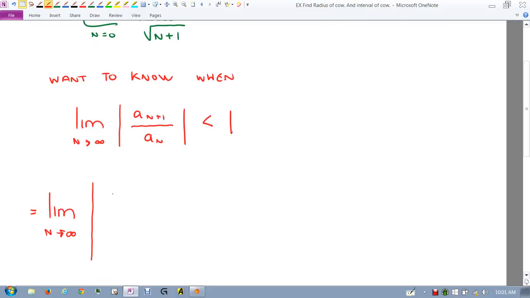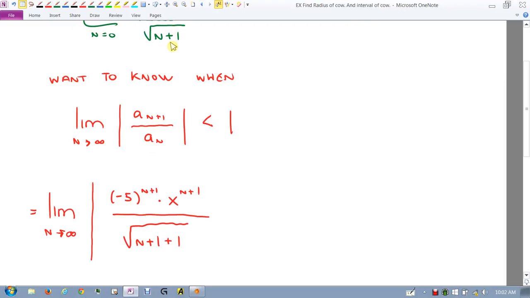We get negative 5 to the n plus 1 times x to the n plus 1 over the square root of n plus 1 plus 1. I'm supposed to divide that now by what I get when I plug n into this expression up here.